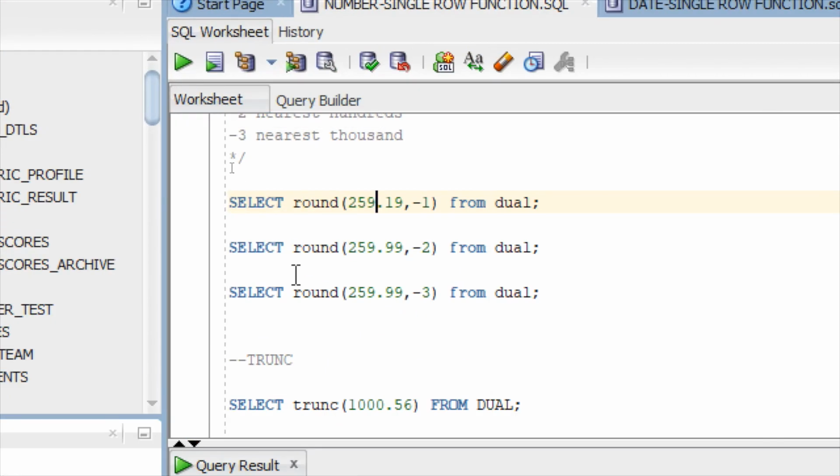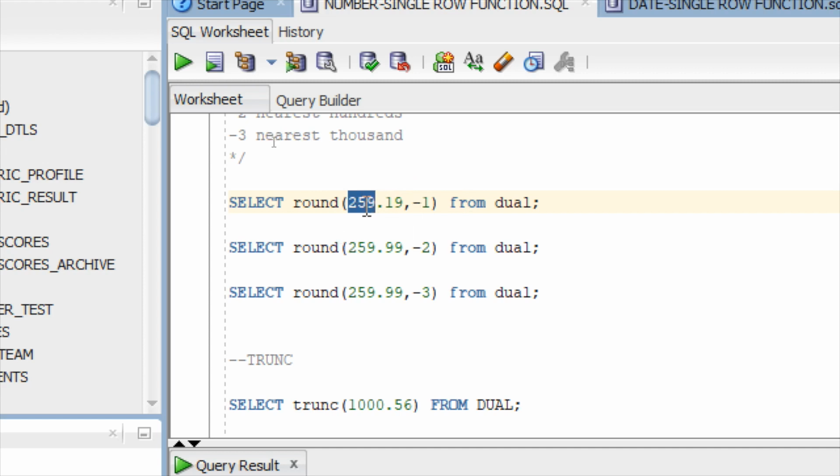In this example, select round of 259.19, -1. As I already said, -1 is the nearest 10, right? It will take the whole number before the decimal point, 259. Tens means 50, 60, 70, right?